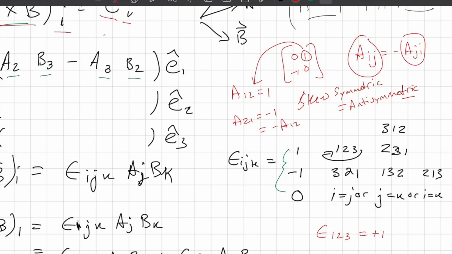A totally antisymmetric tensor means any 2 swaps of indices produces a -1. So if you had epsilon 1, 2, 3, and you swapped the 2 and the 3, that would give you epsilon 1, 3, 2. So epsilon 1, 2, 3 was equal to 1. Epsilon 1, 3, 2 is equal to -1.